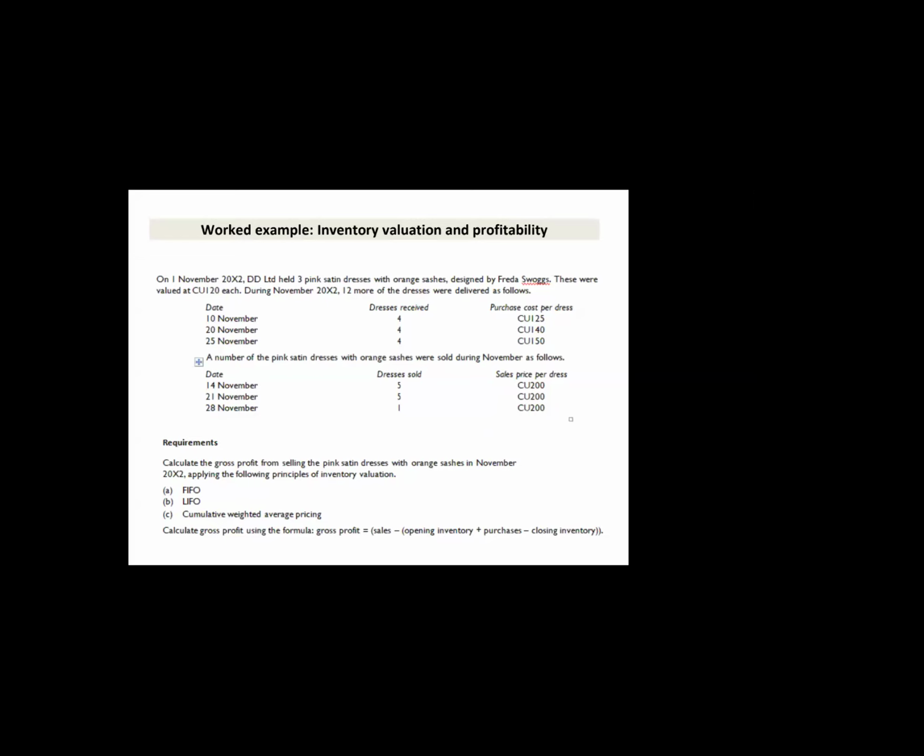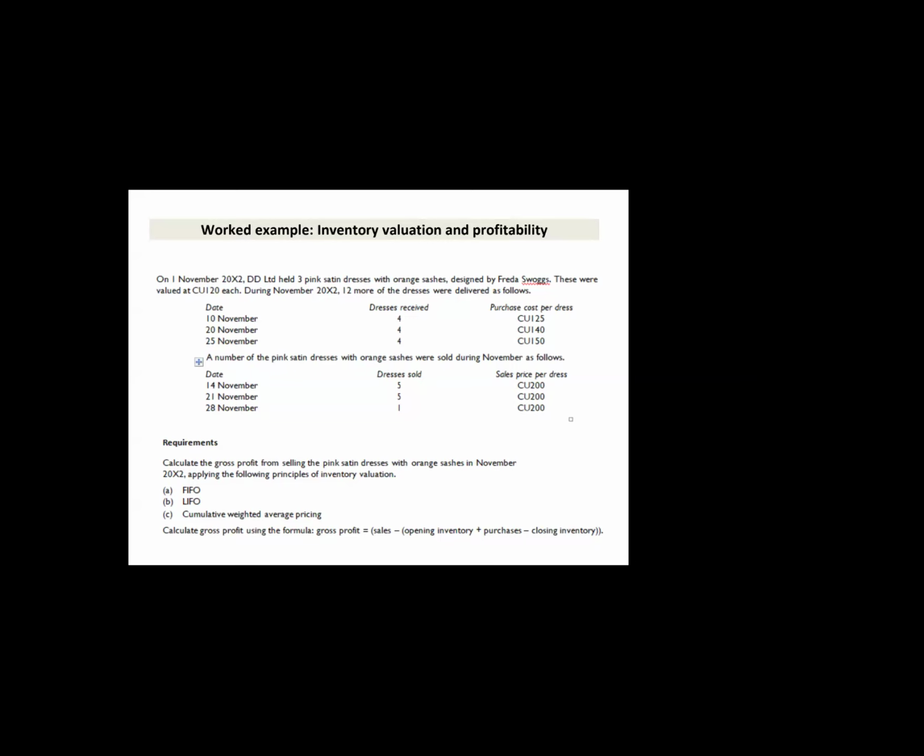So our cost for the first 5 is 120 into 3, that is 360, and 125 into 2, that is 250. So total 610.